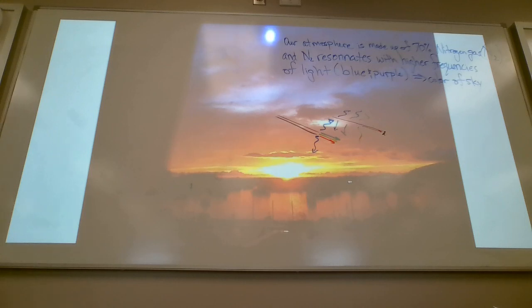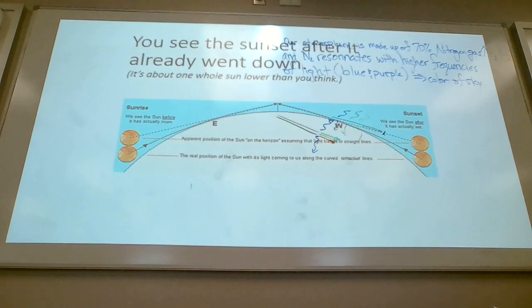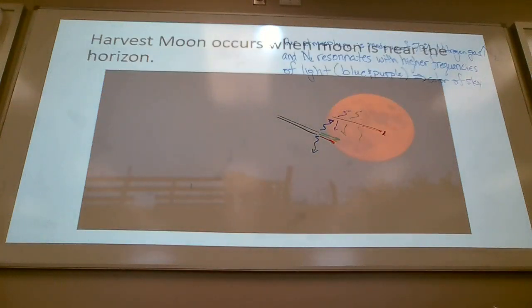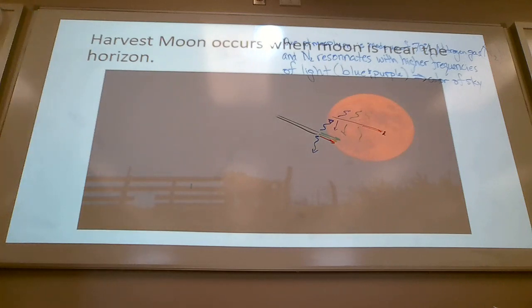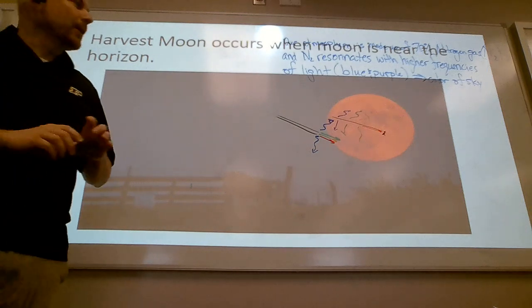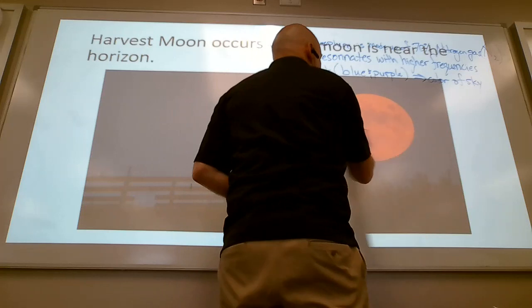Because there's a lot of big chunks in our upper atmosphere. So this is why we have harvest or blood moons. These happen when the moon is near the horizon and it looks like a rust color.